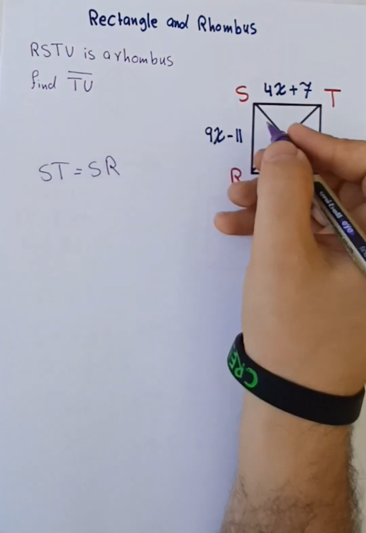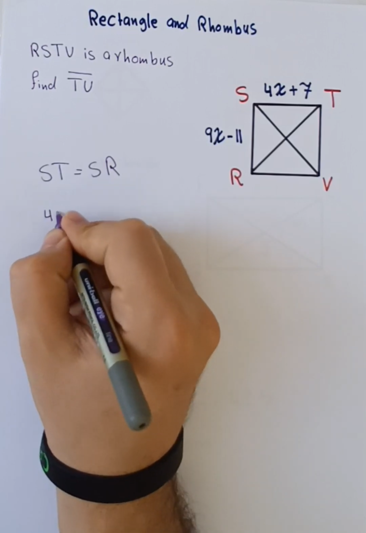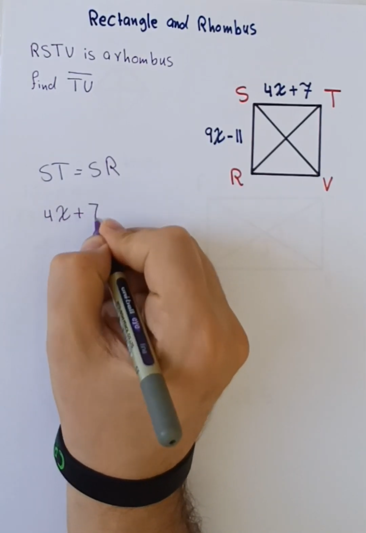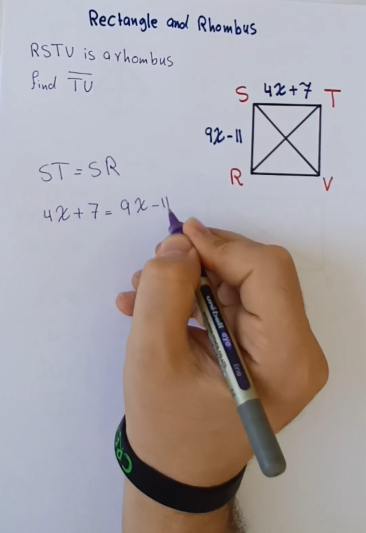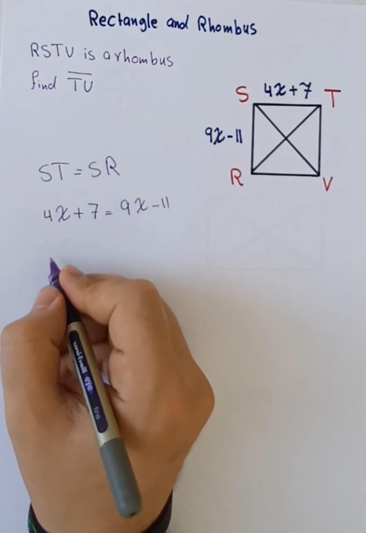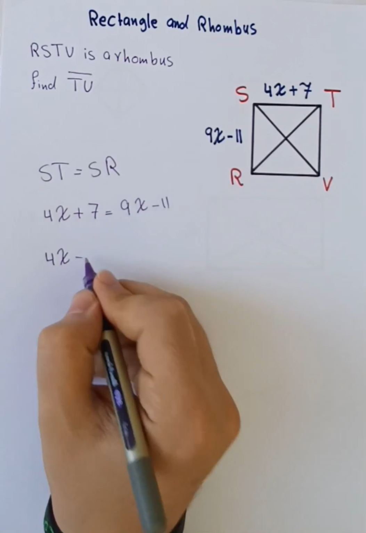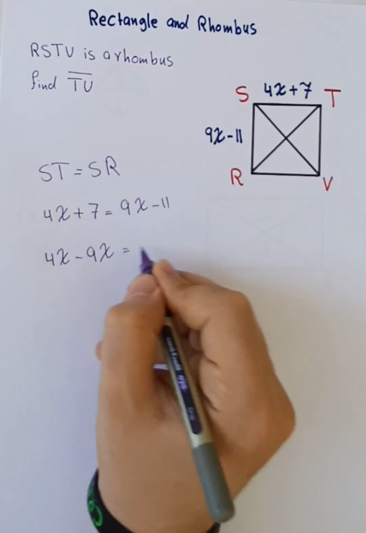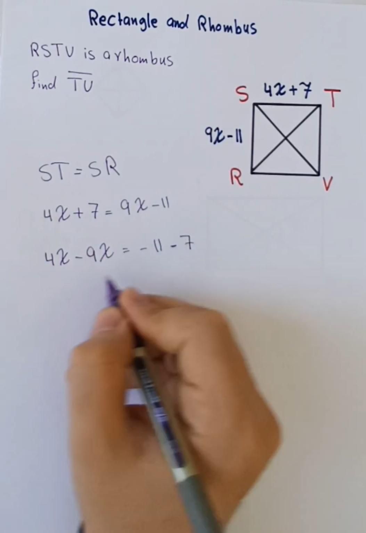So the length of ST we have by expression 4x plus 7 equal to SR, which is 9x minus 11, and then we can combine the like terms. 4x, positive 9x becomes negative 9x, equal to negative 11, and positive 7 becomes negative 7.